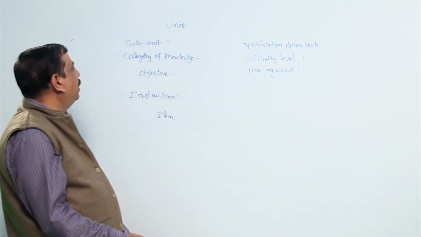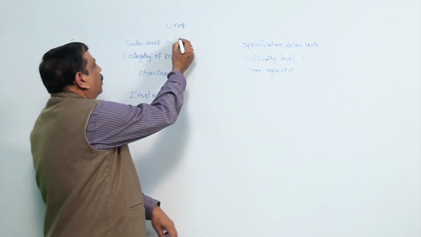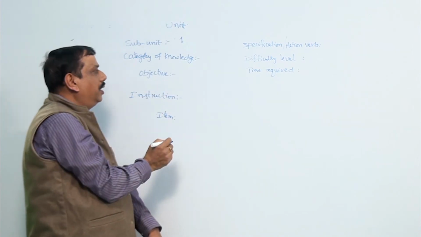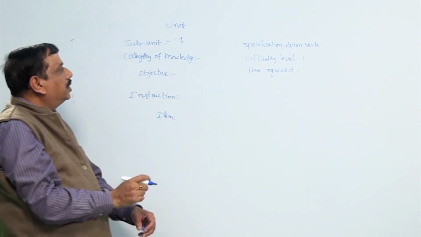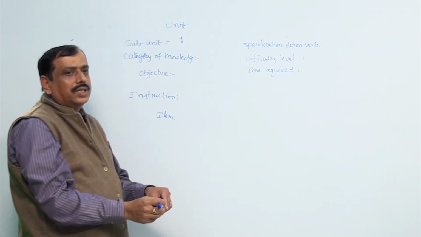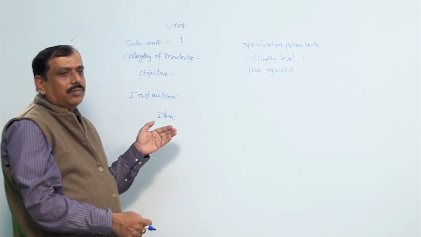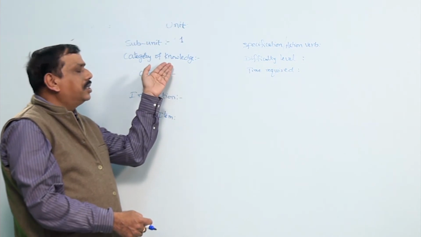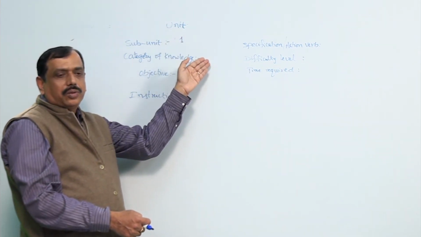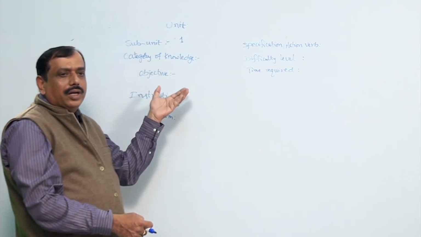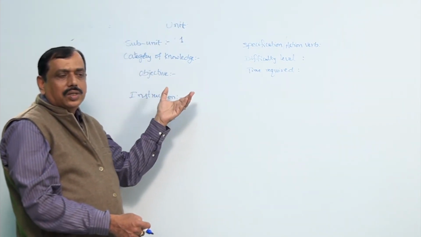For example, imagine that you are going to construct a question on subunit 1. Under subunit 1, first and foremost, if you have mentioned in the table of specification the category of knowledge on which you are going to construct the question, you can specify what kind of knowledge you are going to test in this question.